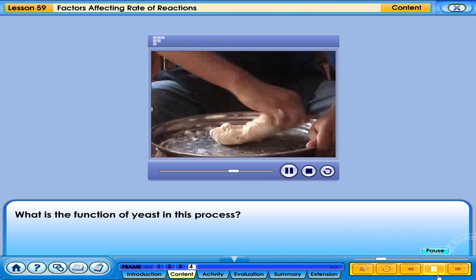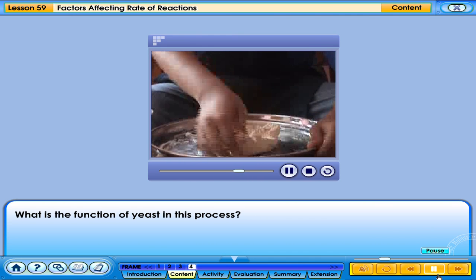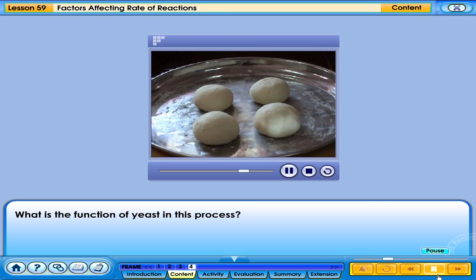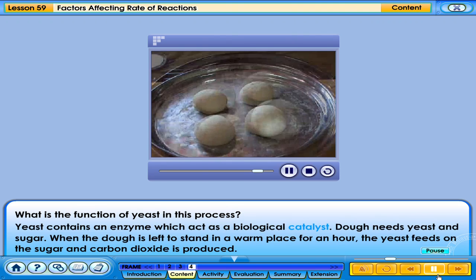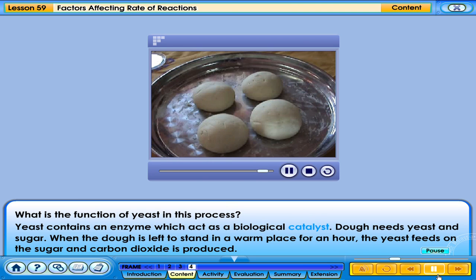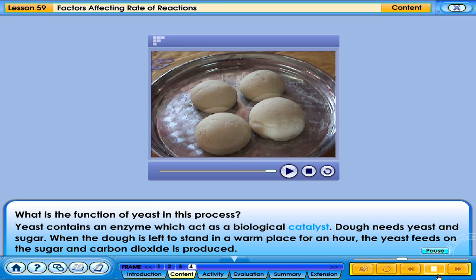What is the function of yeast in this process? Yeast contains an enzyme which acts as a biological catalyst. Dough needs yeast and sugar. When the dough is left to stand in a warm place for an hour, the yeast feeds on the sugar and carbon dioxide is produced.